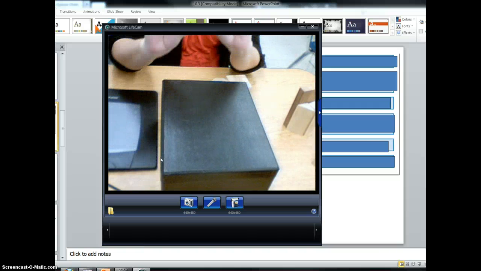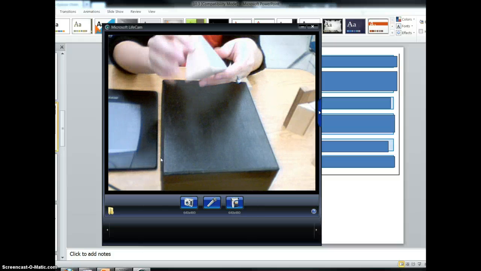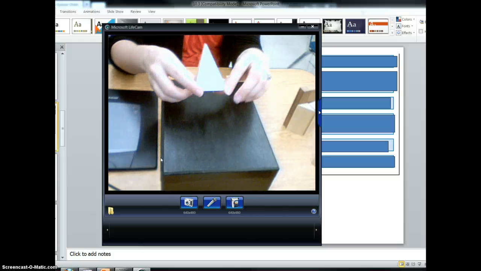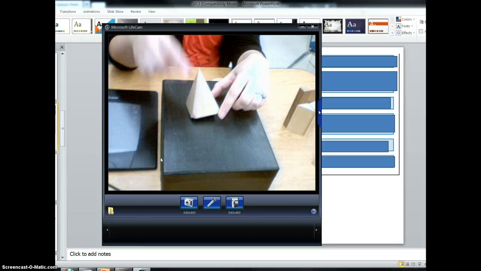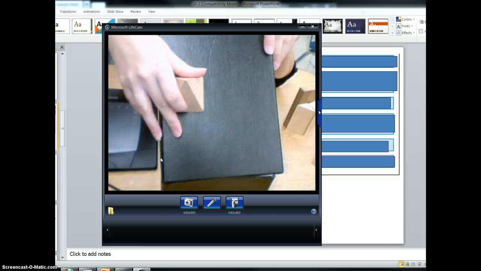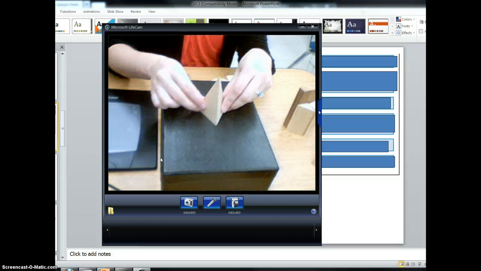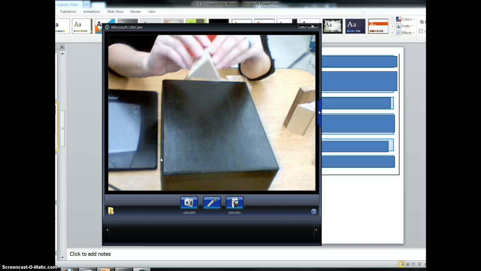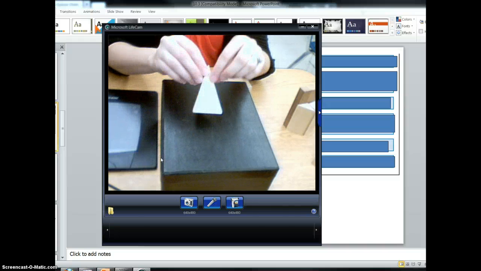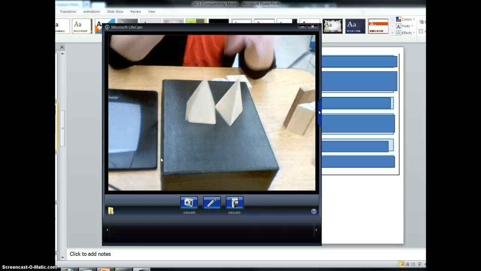It has one base, and this is a square pyramid because it has a square bottom, connected to triangles that meet at one point, one vertex. This is also a pyramid, triangle base, triangle sides. This is a triangular pyramid. So these are two pyramids.